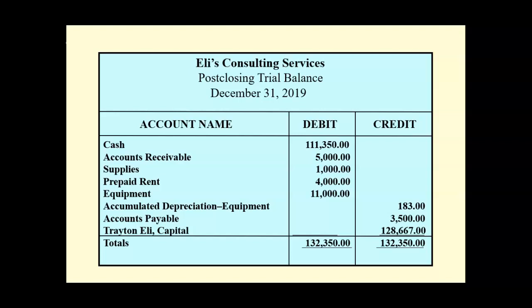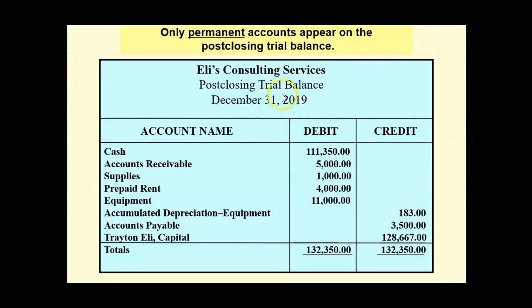We can now close out this current accounting period to prepare for the upcoming accounting period. So once again, only permanent accounts are listed on the post-closing trial balance. Any account that is temporary now has a zero balance after we complete the closing entry process.